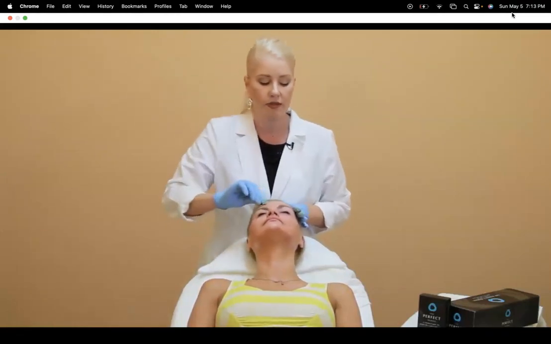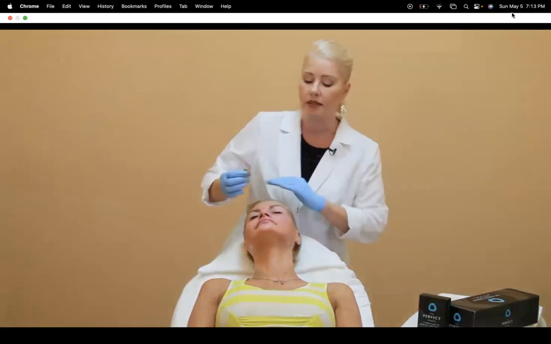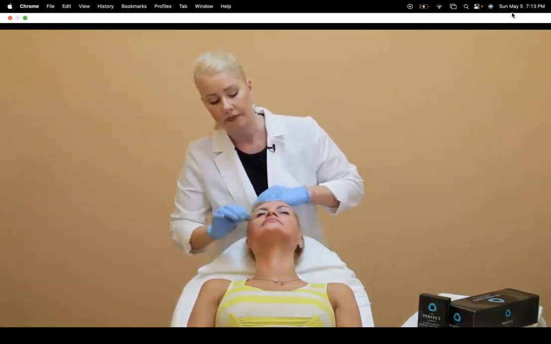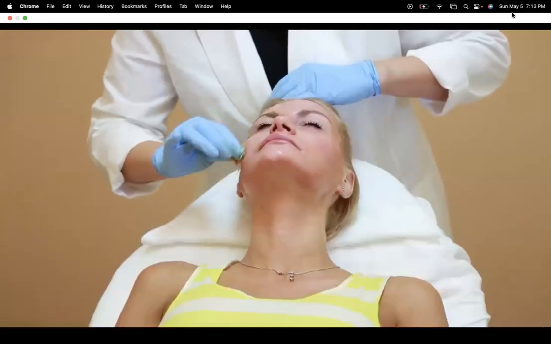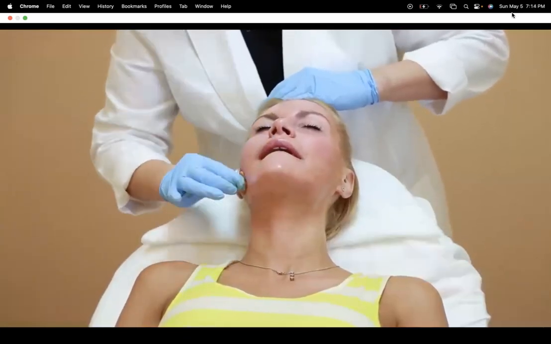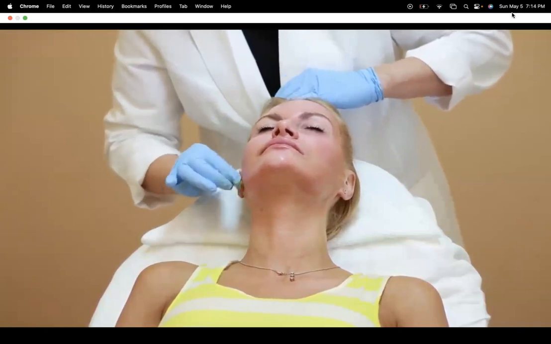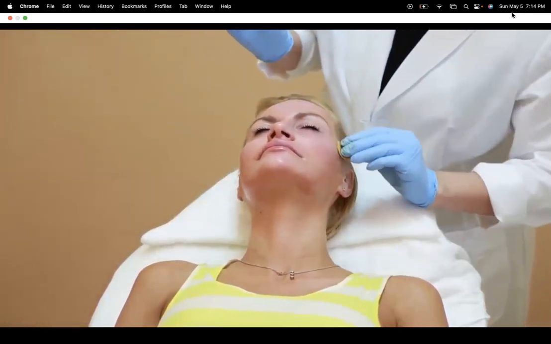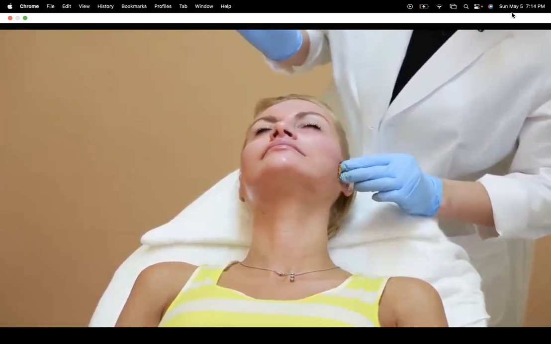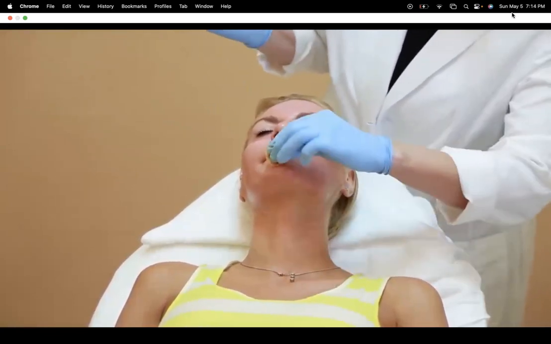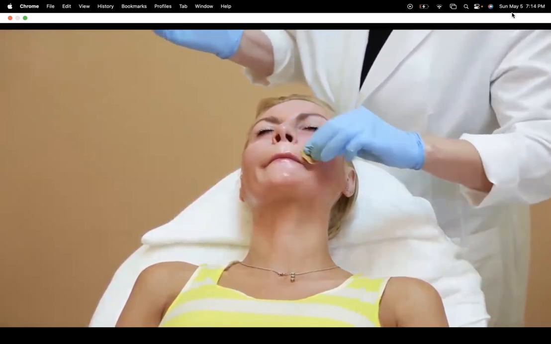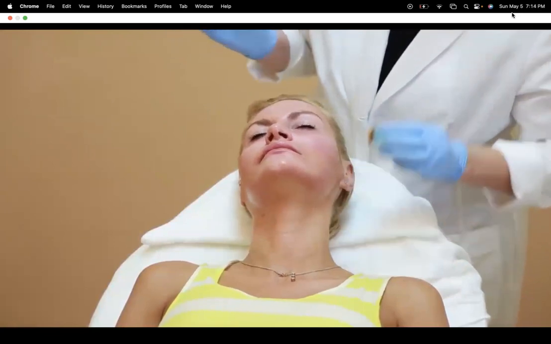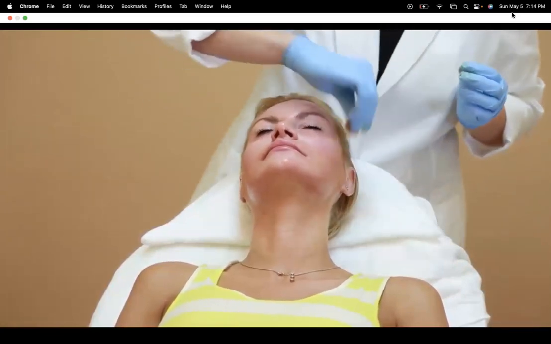And you just want to work it through once your cup is empty till your gauze is practically dry. And that's it. As simple as that.